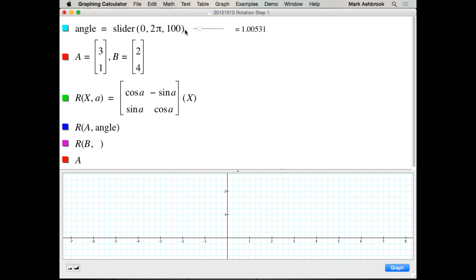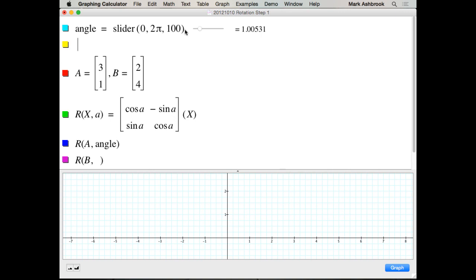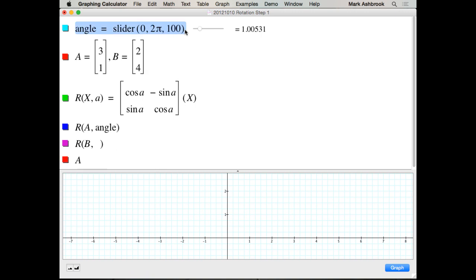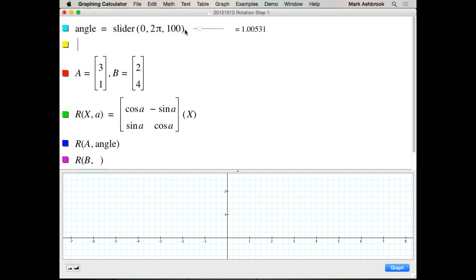Create another slider. Let's do that. So call it angle. I don't know if you can do numbers and letters together here. Oops. You can or can't? So angle. Okay, go slow, Mark. How about that? All right.